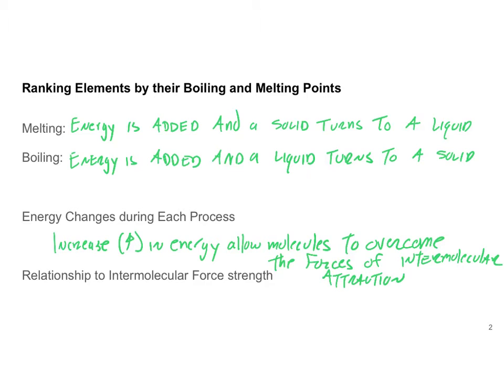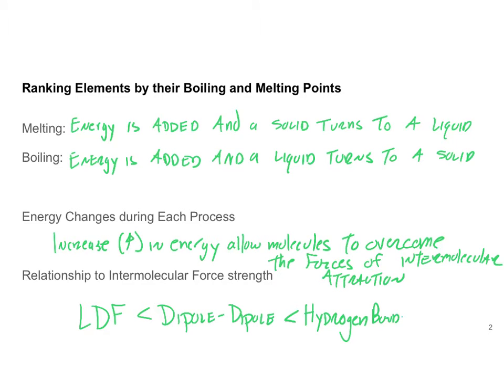And so that brings us back to talking about the different types of intermolecular forces of attraction. And hopefully you will remember that there was London dispersion forces, which was weaker than dipole-dipole, which was weaker than hydrogen bonding, which was weaker than ion-ion.